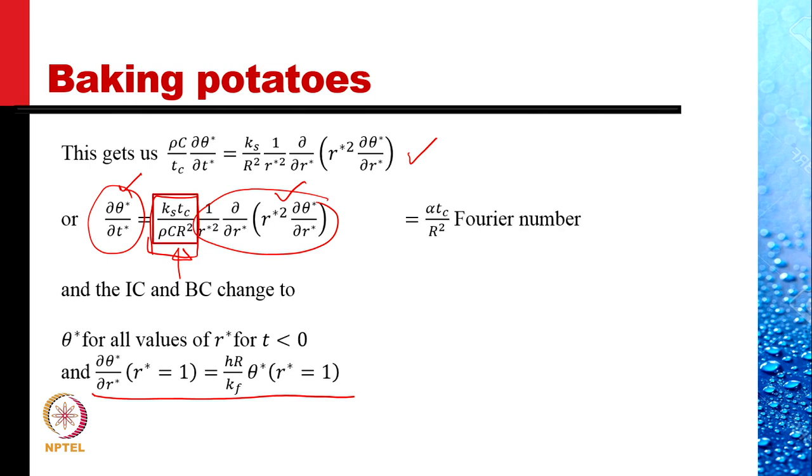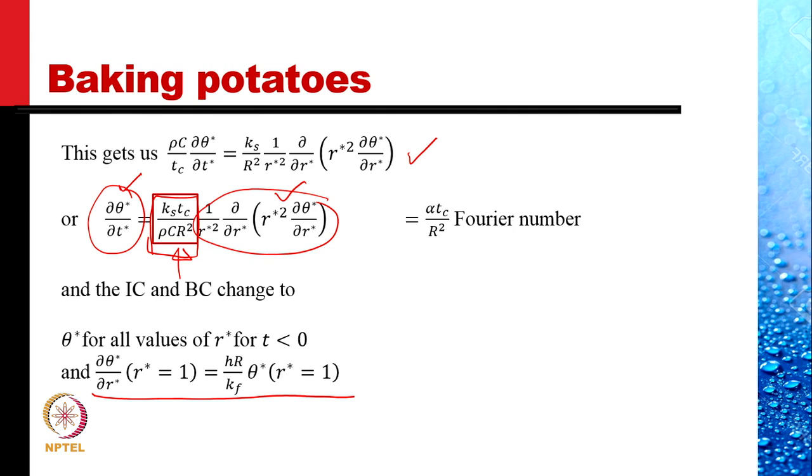Two parameters, one is Ks Tc divided by rho C R square, and using alpha, the thermal diffusivity, for K divided by rho C, the properties of potato. So alpha is the thermal diffusivity of potato.